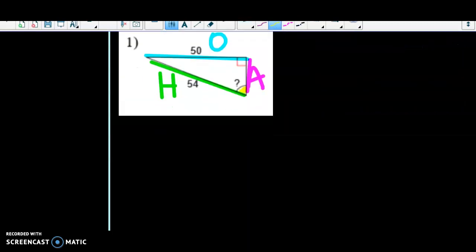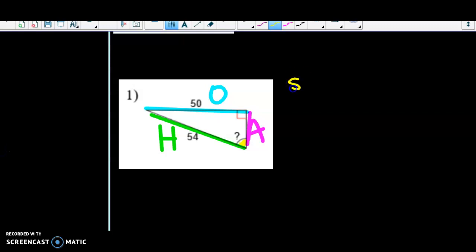Okay. So I'm going to put sine of theta equals, and what is opposite? The measure of opposite is 50 over hypotenuse. Opposite over hypotenuse, remember? Sine is opposite over hypotenuse. So the hypotenuse is 54.